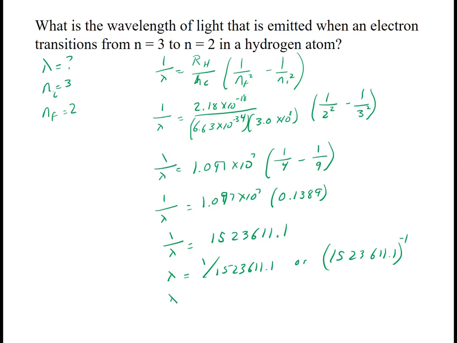Either way, I get lambda as 656.3 times 10 to the minus 7th meters. And just for the record, this was actually the wavelength that we used a couple of videos ago as the hydrogen emission line. All right, we're going to pause here, and I'm going to come back with the next video with one more problem.